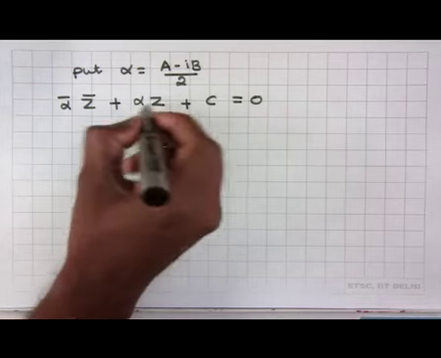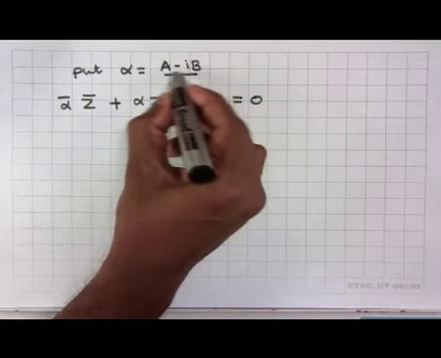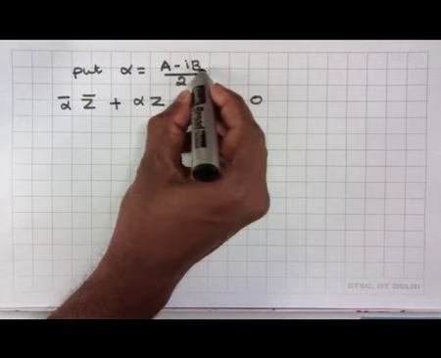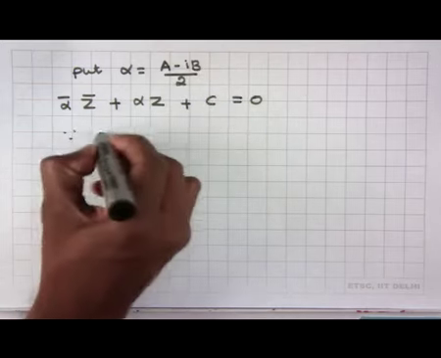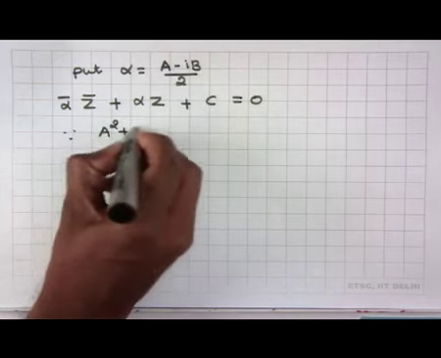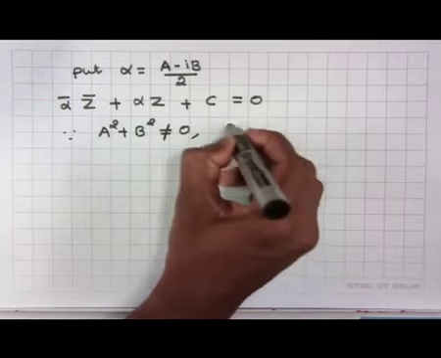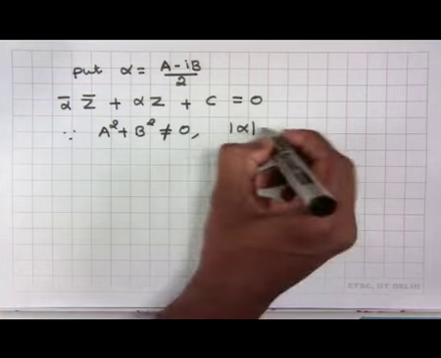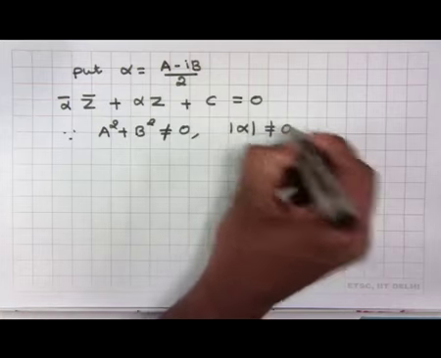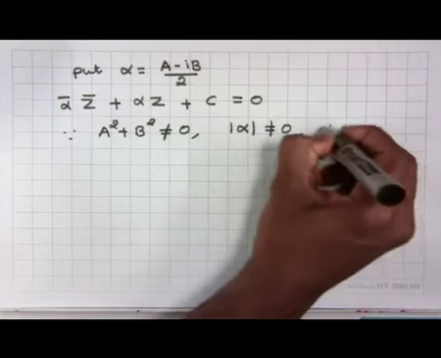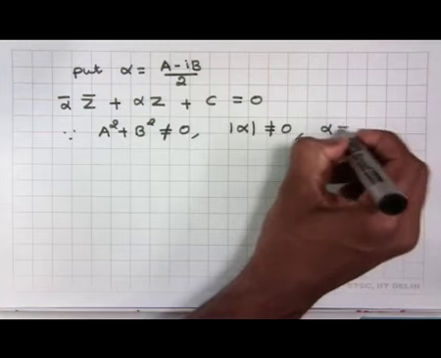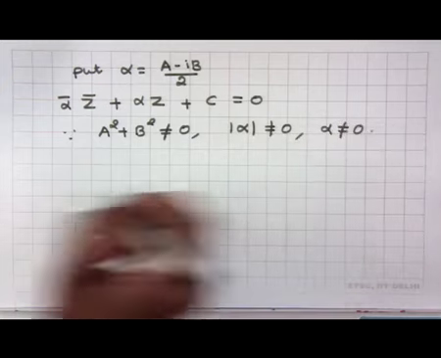Now, since a square plus b square is non-zero, that implies that mod alpha is non-zero, which is the same as saying that alpha is a non-zero complex number.